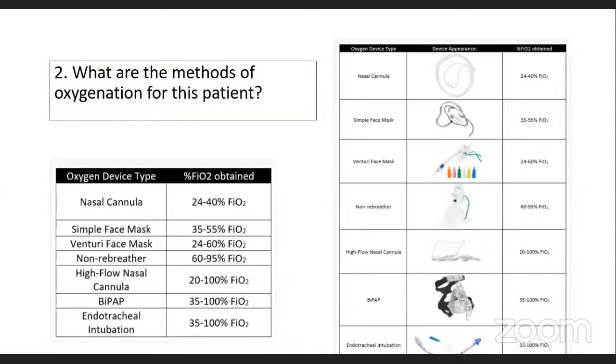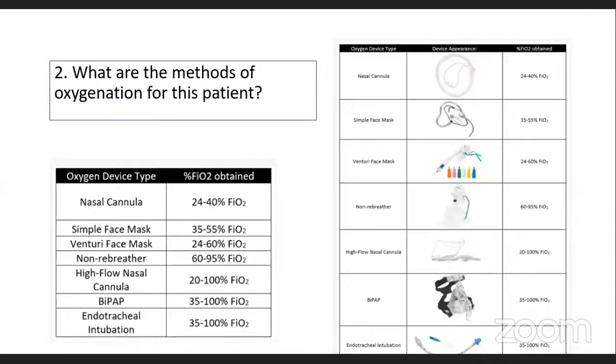If the patient is not achieving your target saturation or target level of oxygenation, you need to go to a more advanced device. If you are going to put the patient on a non-rebreathing face mask, you need to start at least at 10 liters per minute, and you can go up to 15 liters.